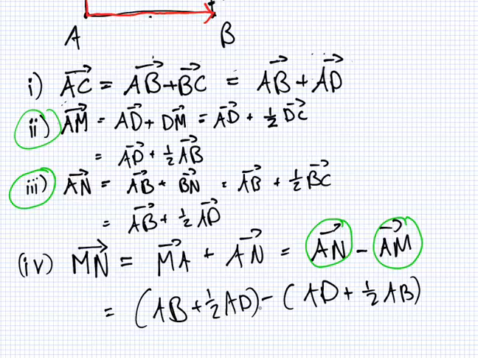So AB minus a half AB, how much is that? AB minus a half AB. Try again. Half AB. And then a half AD minus AD.